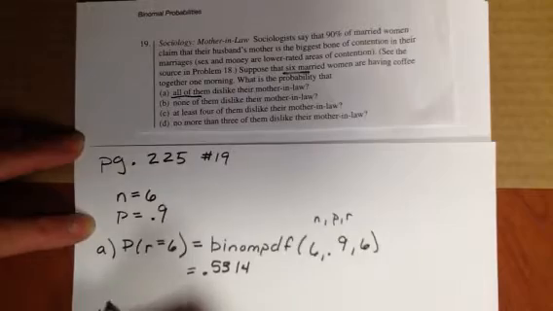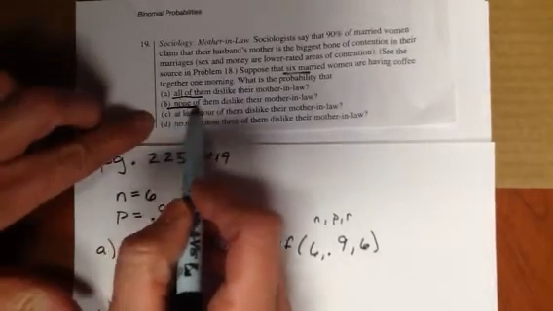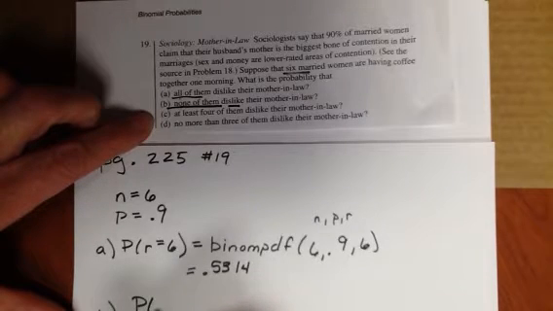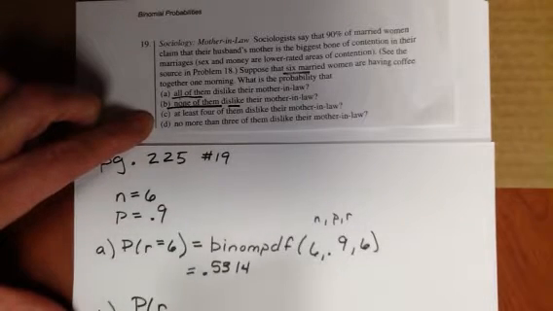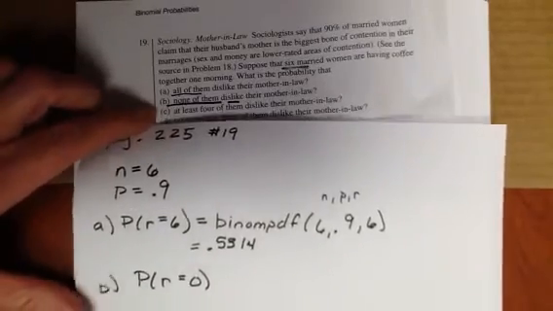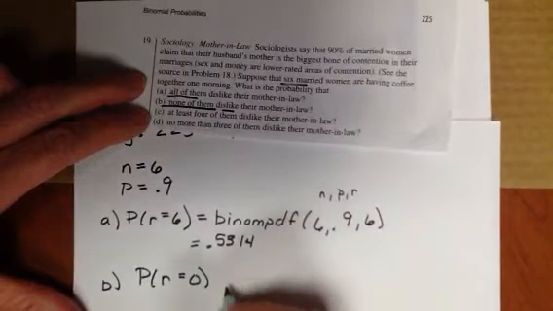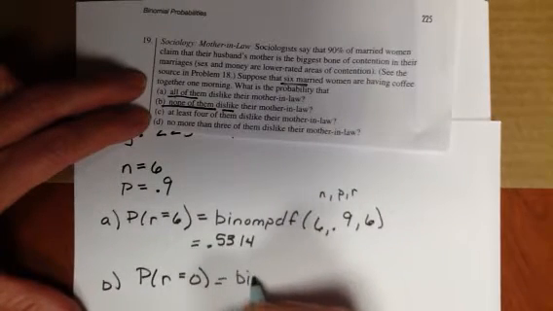Now part B says, what is the probability that none of them dislike their mother-in-law? What do you think that would be? The probability that R, none, would be equal to 0. Again, that's an equal to, so it's binom PDF.